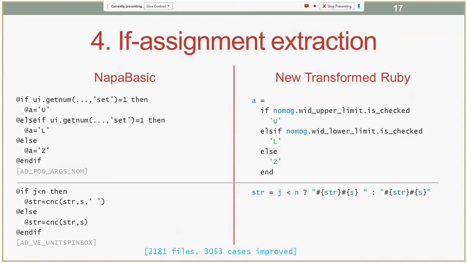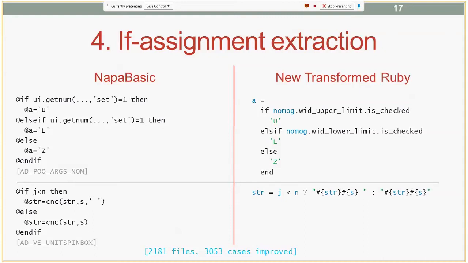Perhaps when I was implementing these different improvements, of course I was also thinking, well, could we also do this automatically for the NapaBasic code? Now this is benefiting the transformed Ruby. It's not benefiting the original NapaBasic, and this is based on the assumption that this original NapaBasic will be replaced by the Ruby.